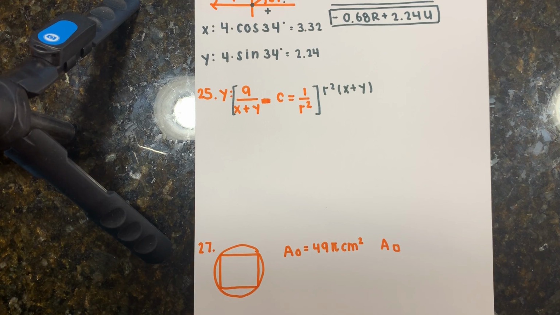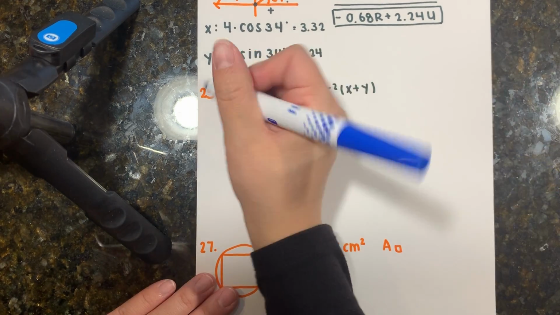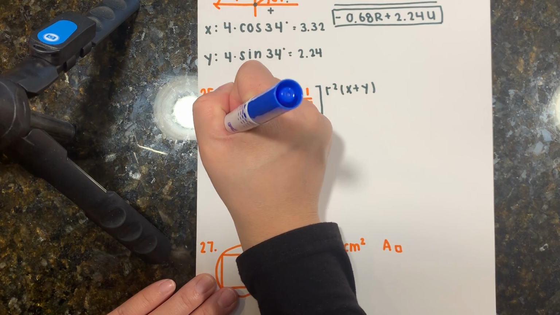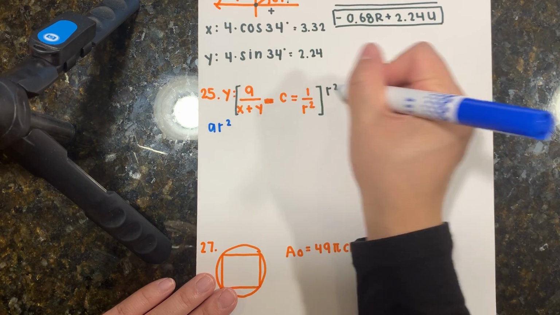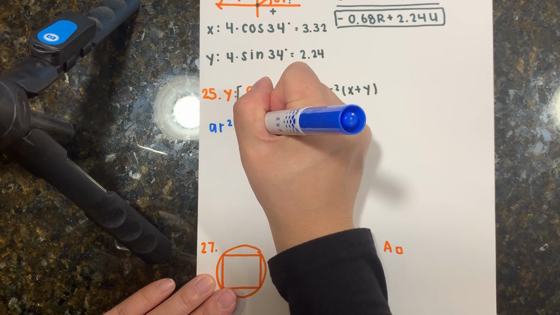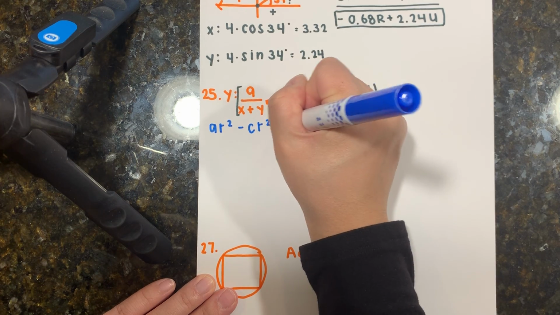Now, if I multiply this first fraction by r squared x plus y, that means I'd only multiply the a times r squared. So that would be a r squared. Then I'm going to multiply the c by everything, so it'd be minus c r squared times x plus y.